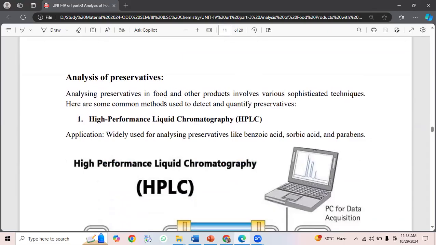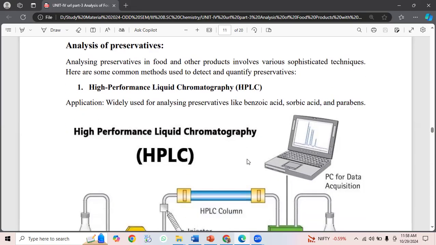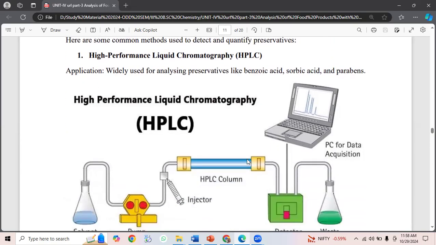Analysis of preservatives in food and other products involves various sophisticated techniques. Here are some common methods used to identify or quantify preservatives. The first method is high performance liquid chromatography, that is HPLC.